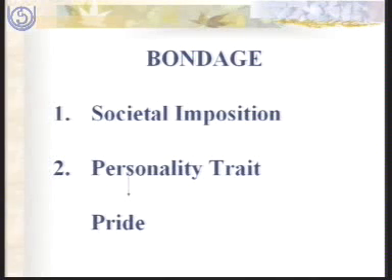Now when the novel begins, Hagar is in a state of bondage. She is 90 years old and she is stubborn, obdurate. I've already told you her personality traits. She does not listen to her children. She has never in her life listened to her father or to her brothers.